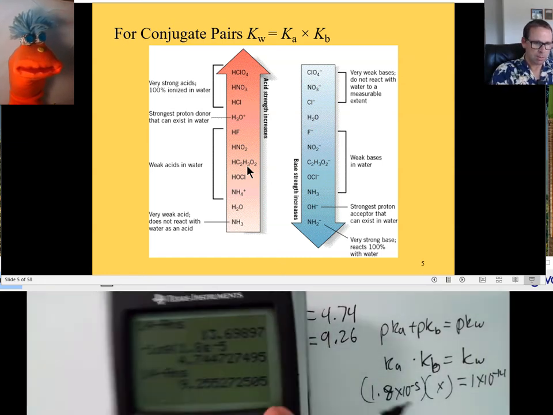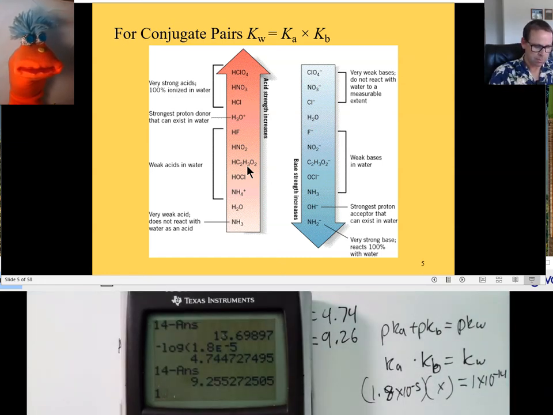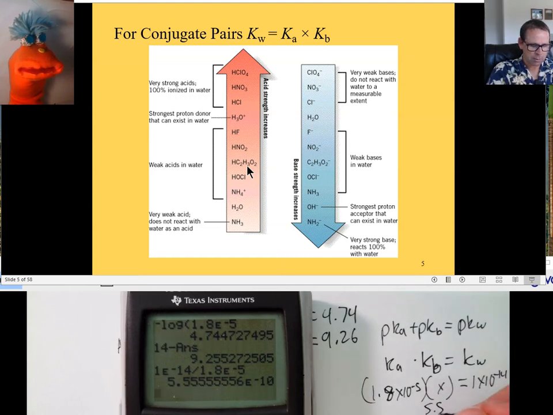So 1 times 10 to the minus 14 divided by 1.8 times 10 to the minus 5 gives 5.56 times 10 to the minus 10. That is the Kb of the conjugate base, the acetate ion here.